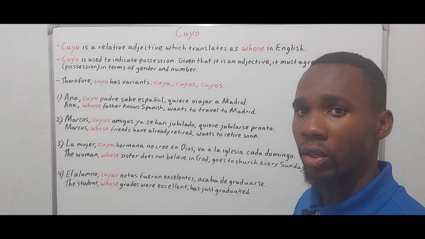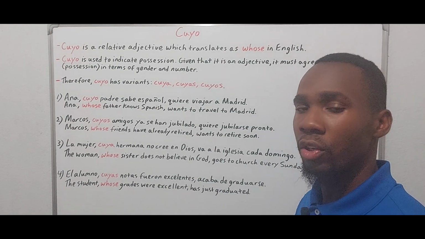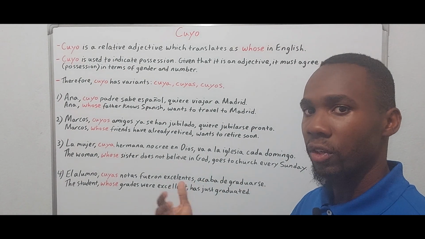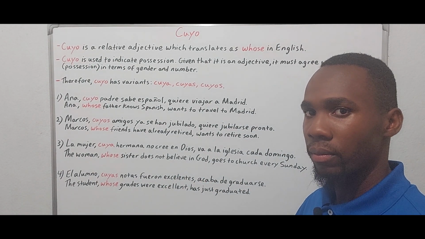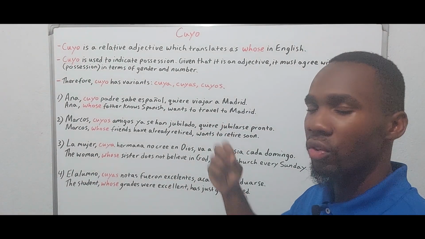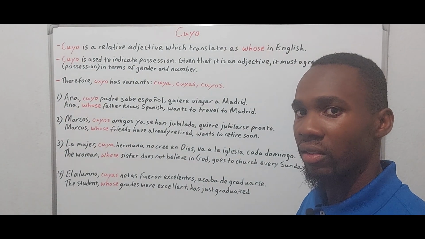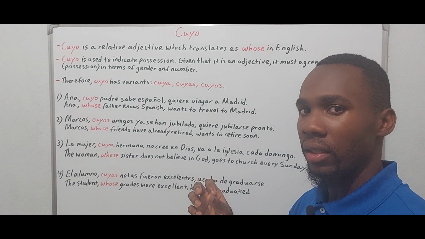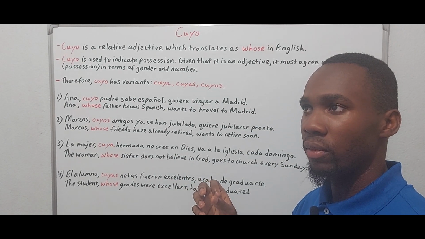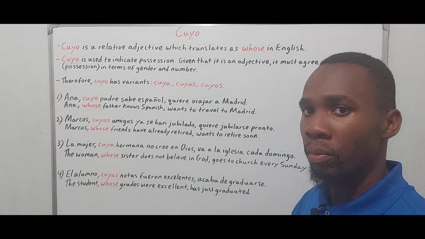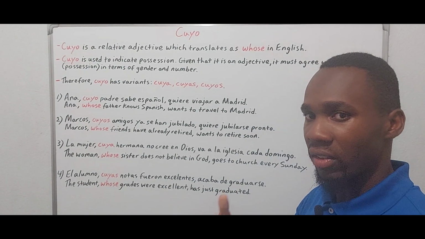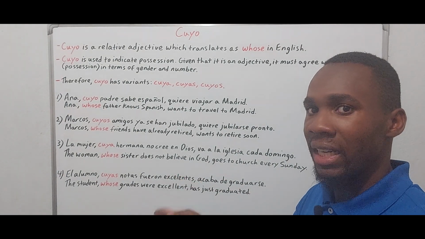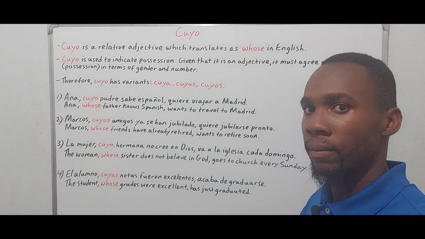We have relative pronouns like that, which, who, and those are used to introduce relative clauses, right? Cuyo is used similarly because it introduces additional information, but this information relates to possession, right? So this is used directly before the entity that is being owned, right?